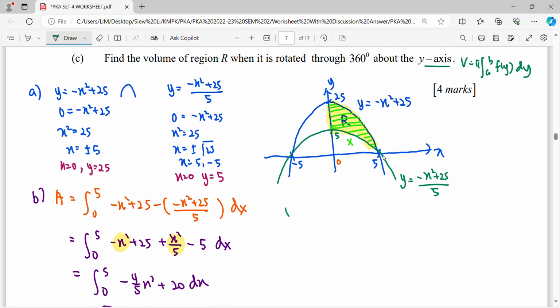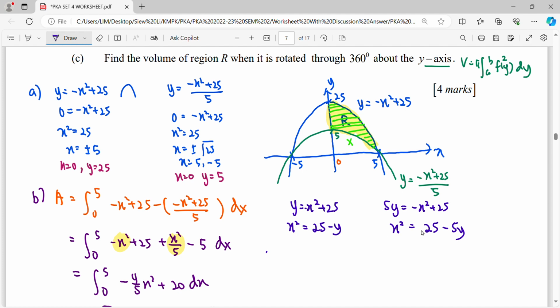For the first, and the volume needs to be squared, y equals negative x squared plus 25, so x squared equals 25 minus y. Meanwhile, for this one, 5y equals negative x squared plus 25, so x squared will be 25 minus 5y. Our function is already expressed with x squared as the subject, so we square it straight away.